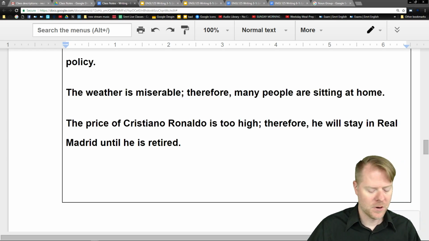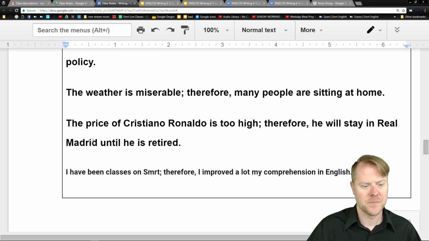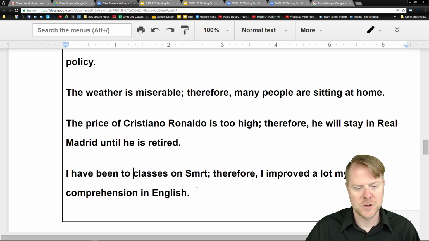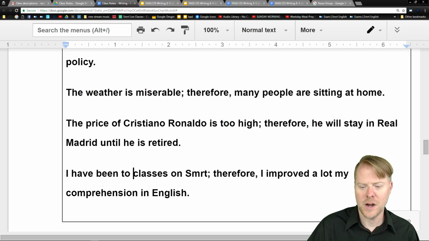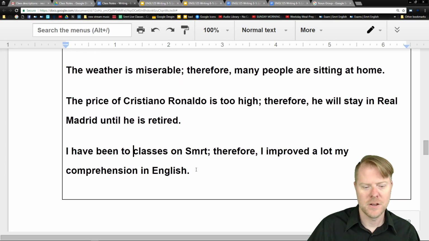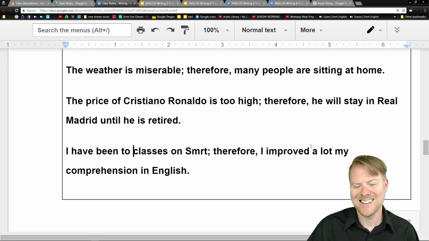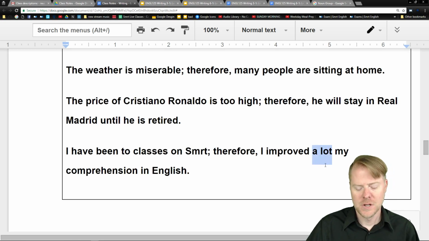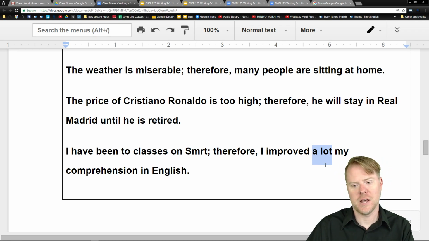Lane, let's look at your example. I have been to classes on Smrt, therefore I improved a lot my comprehension in English. I improved, and here we wouldn't use a lot.